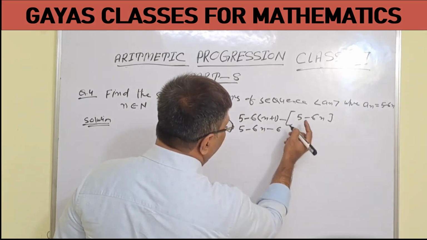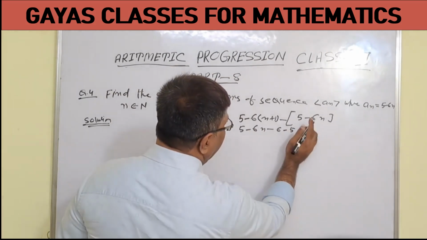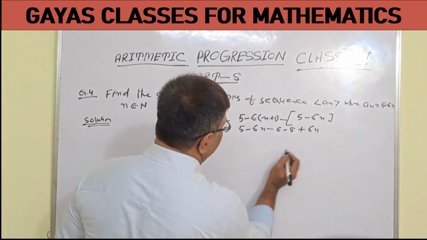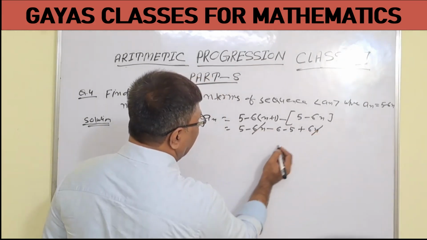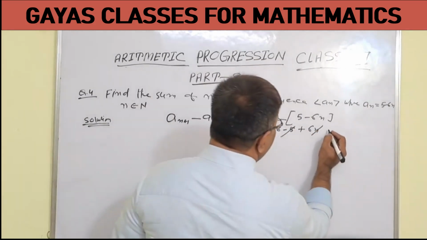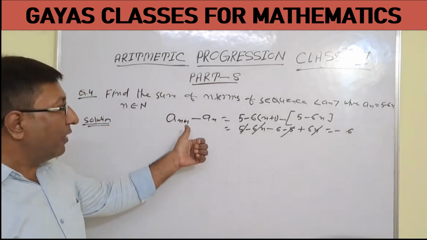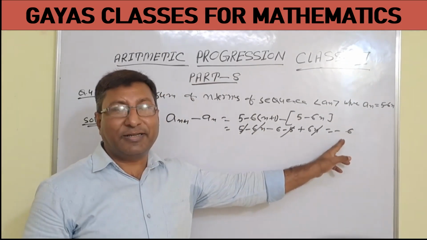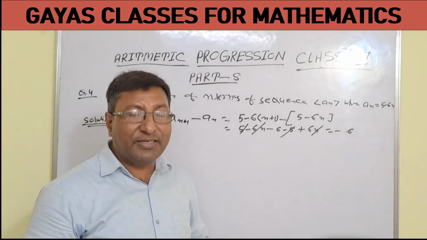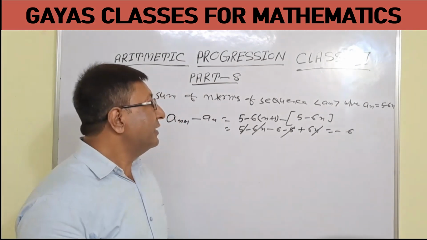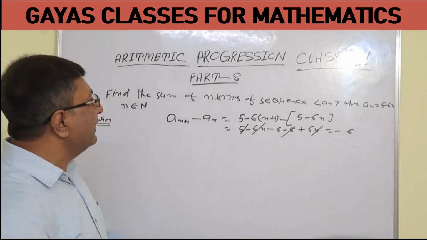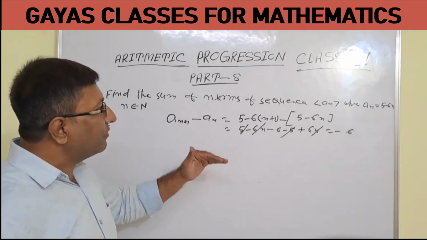Here 5, so minus 5. Here minus 6n, so plus 6n. So this 6n and 6n cancel, this 5 cancels. So we get what? Minus 6. So a n plus 1 minus a n is a constant, that is minus 6. So the sequence is in what? AP.